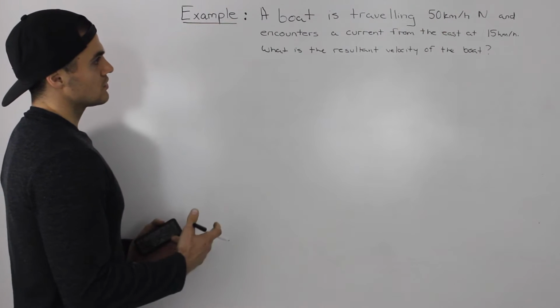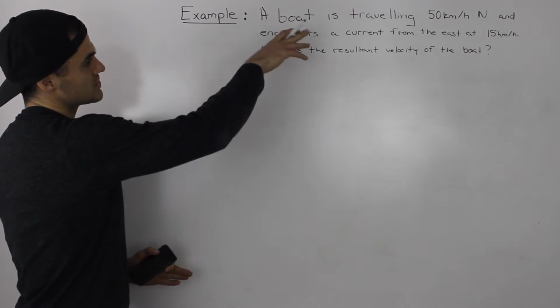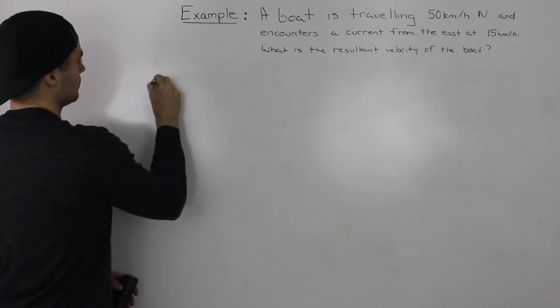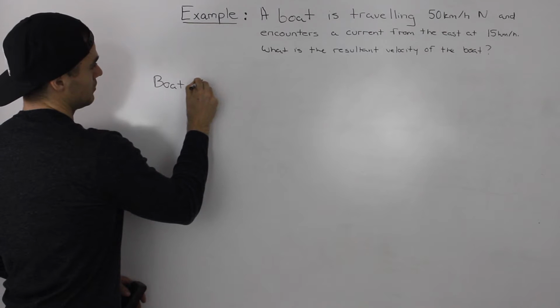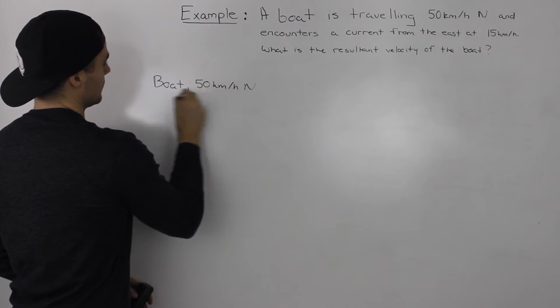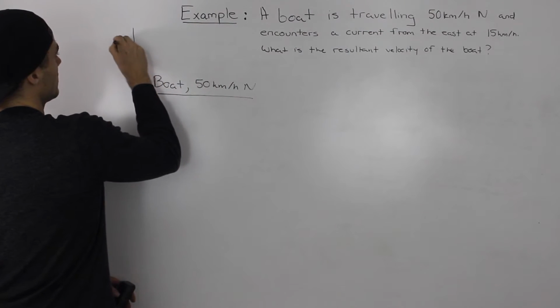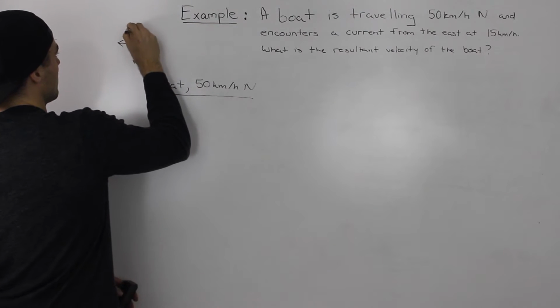So let's start this question off by drawing each scenario separately. Let's start off with the boat, which is traveling at 50 kilometers per hour north. Let's draw a compass here that we can refer to.